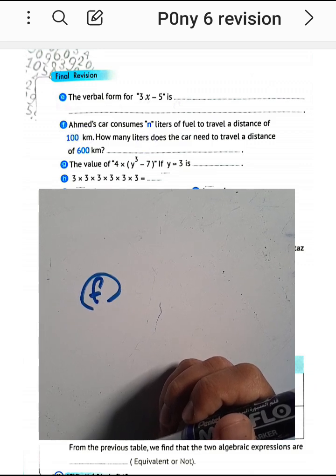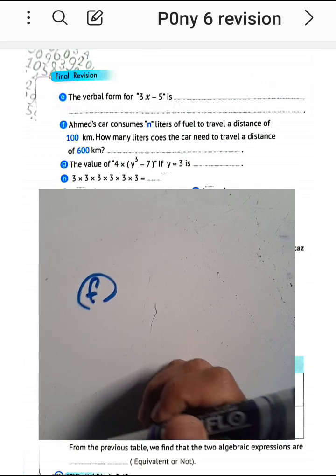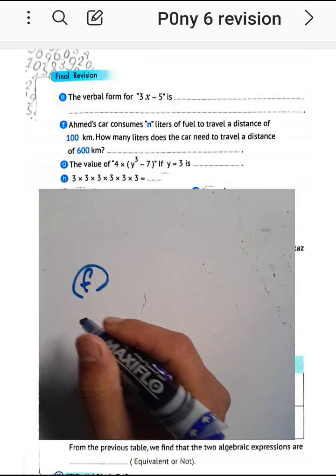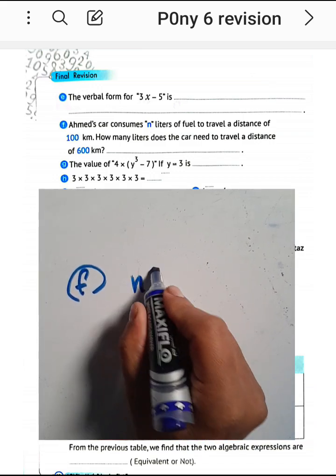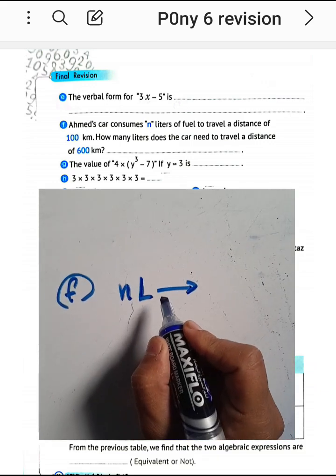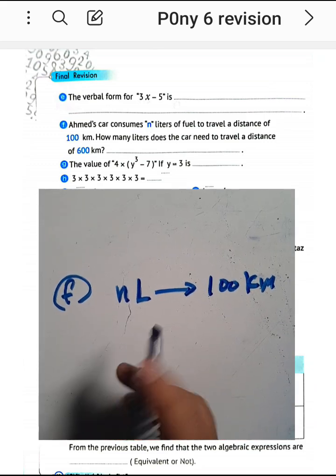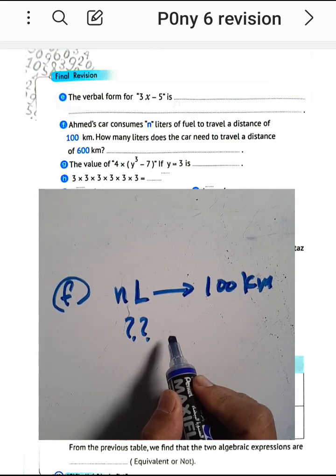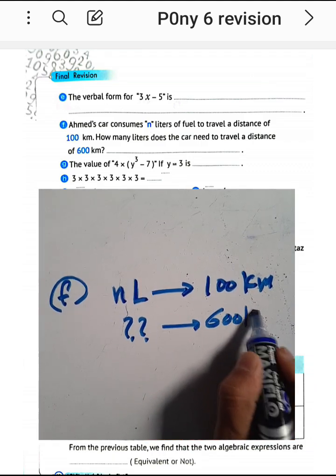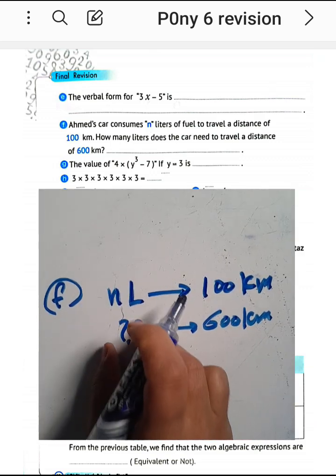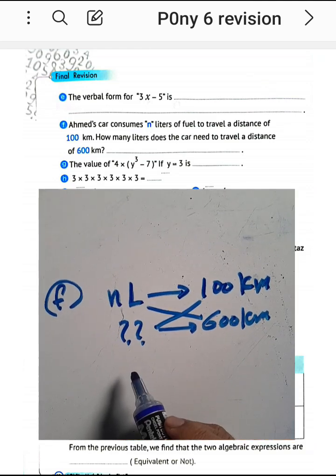How many liters does the car need to travel a distance of 600 kilometers? To know this unknown, first n multiplication by 600 divided by 100.